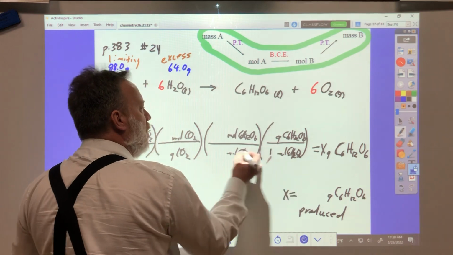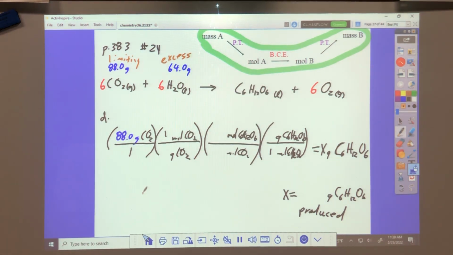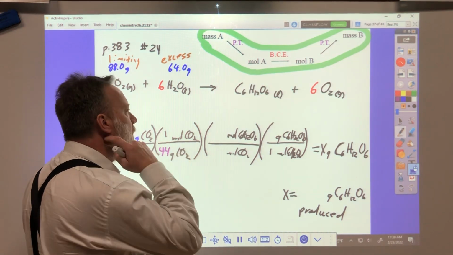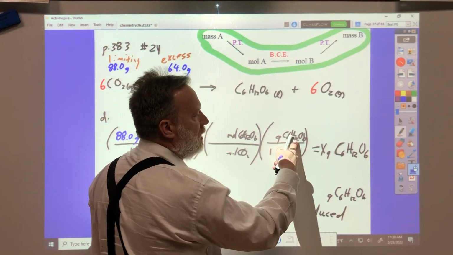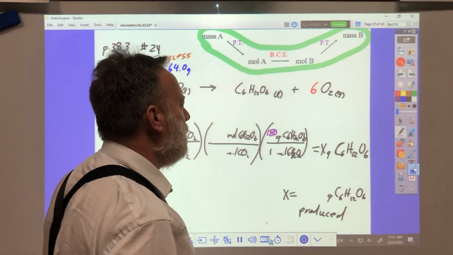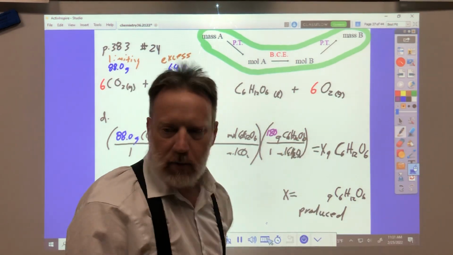Okay, so from the periodic table, I need the moles. So every mole from the periodic table, which is based on 1 mole, CO2 is 44. We had that from the previous page. I happen to know that glucose is 180. Let me double check that. 6 carbons times 12 is 72.